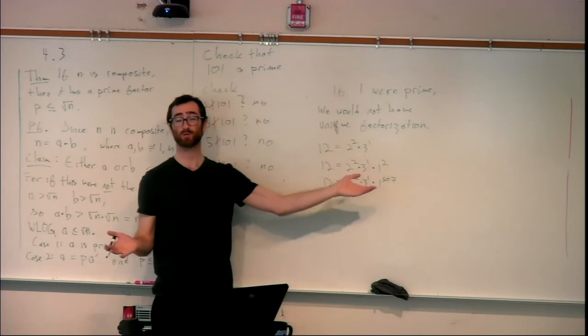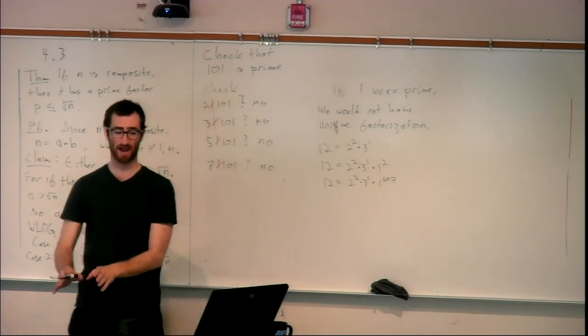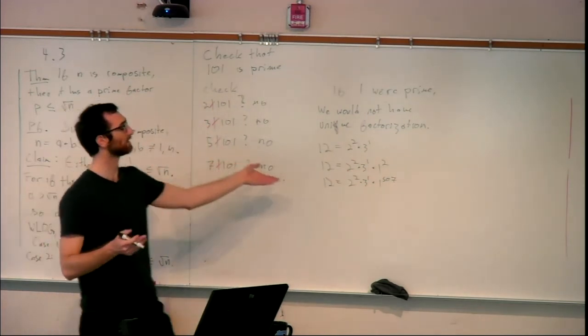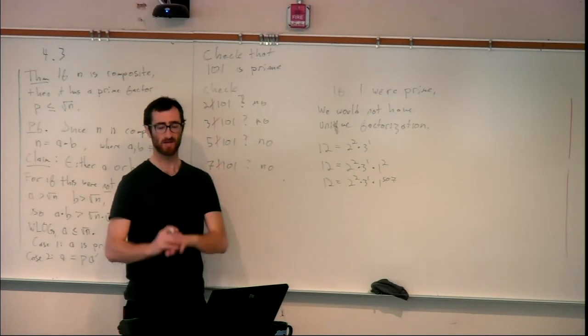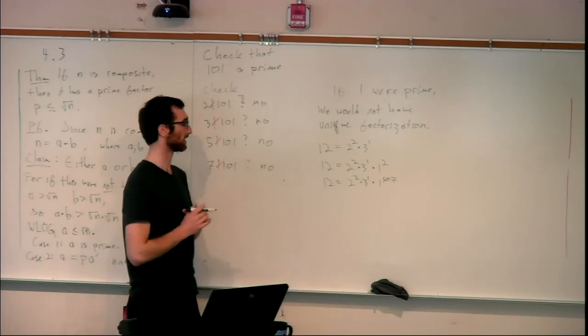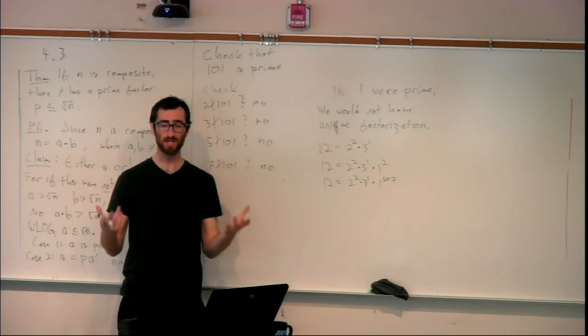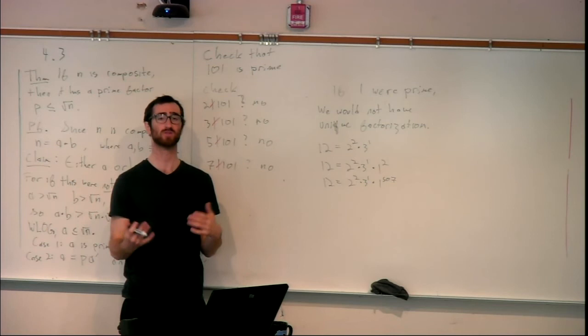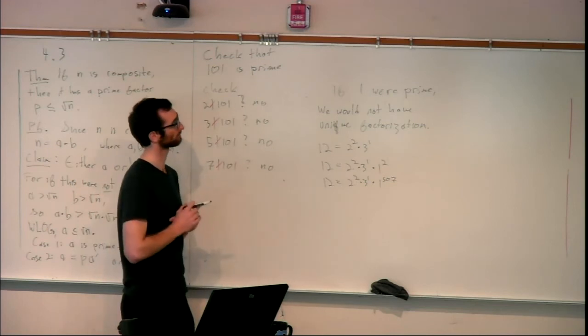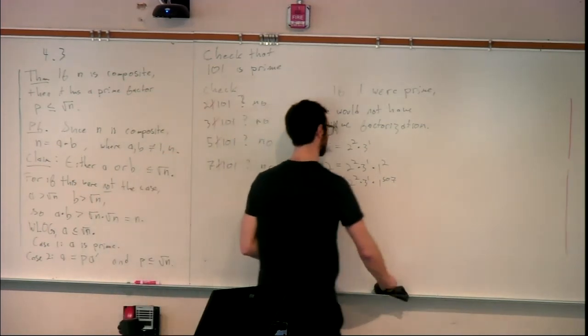So if 1 is a prime, then it completely wrecks our notion of being able to uniquely factor a number into primes. There are further reasons why 1 should not be considered a prime, but here at least is one. We want unique factorization of all integers into prime numbers. Okay.